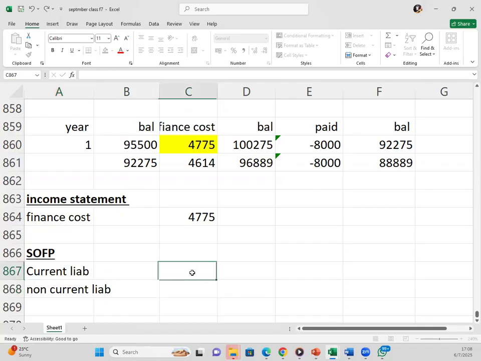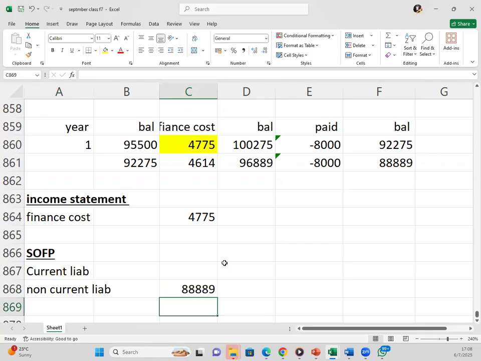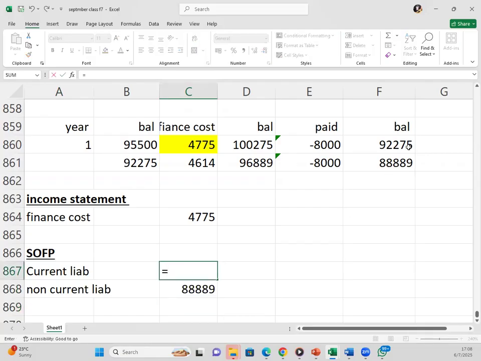Let's start with the non-current. The non-current is the balance for the next year. The current is the difference, this year and next year balance.